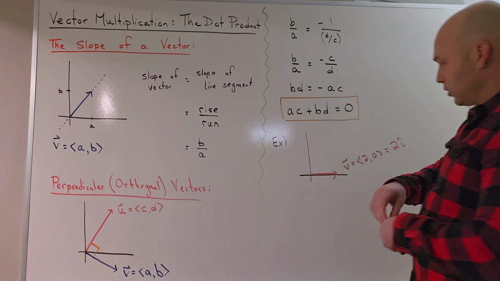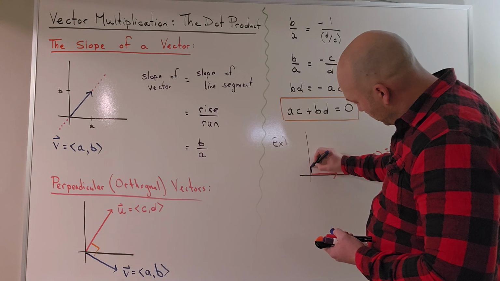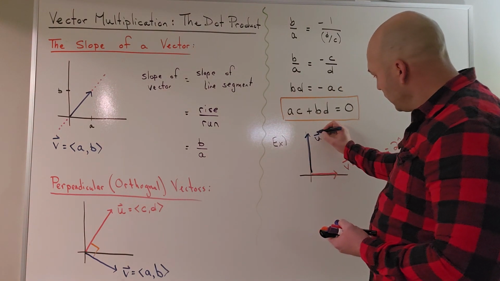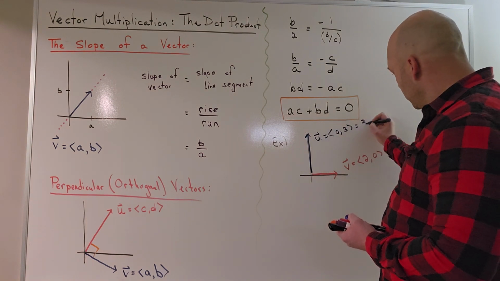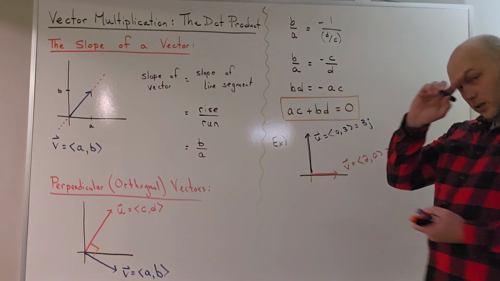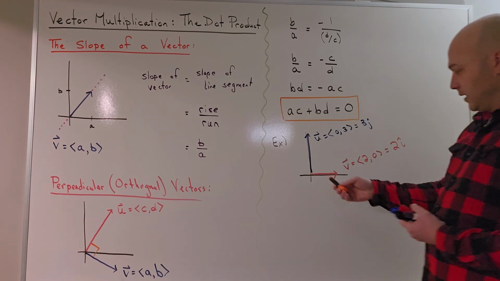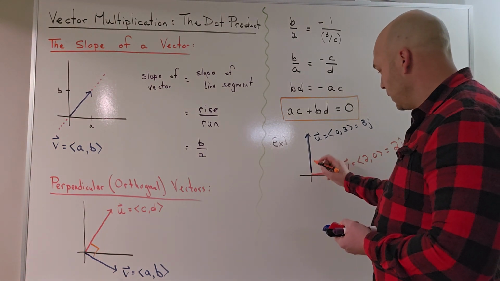And then if I look at the vector u, which I'm going to say u is the vector 0, 3, which of course is 3j in unit vector notation. Well, of course, visually, we see that this is on the x-axis, this is on the y-axis, so of course, they are going to be orthogonal.